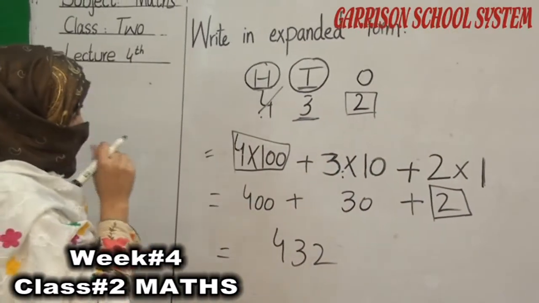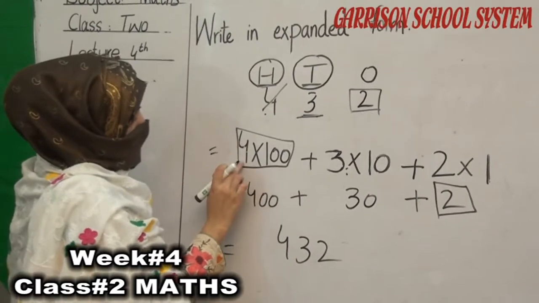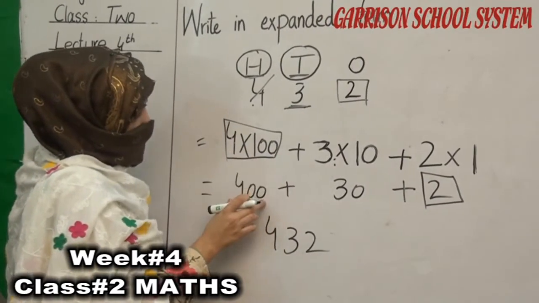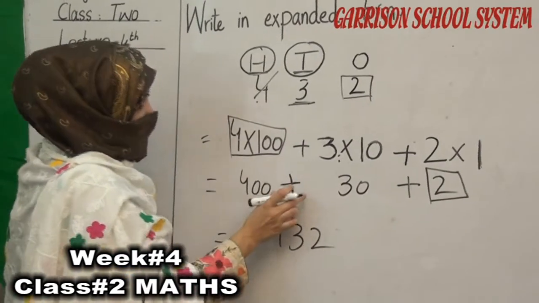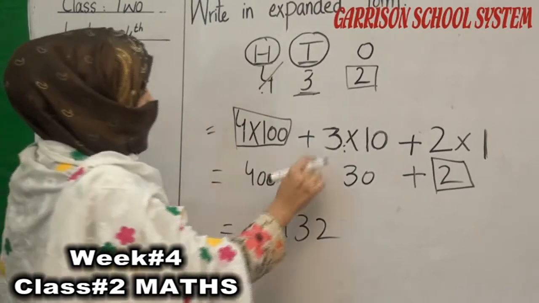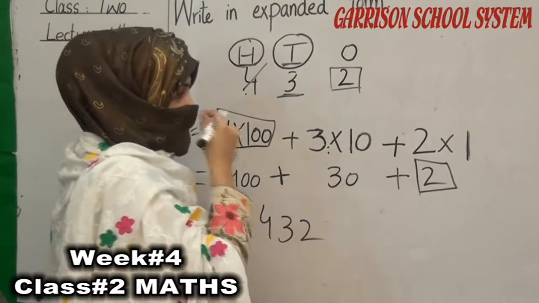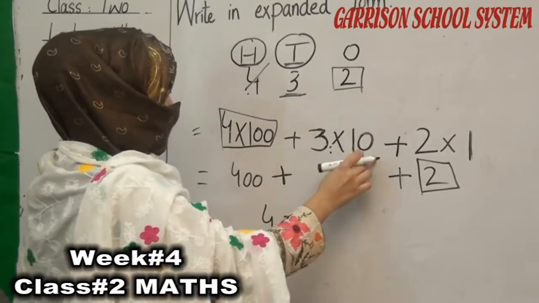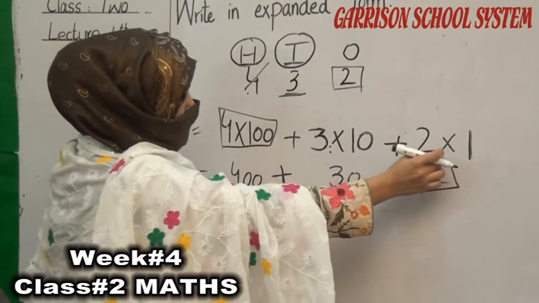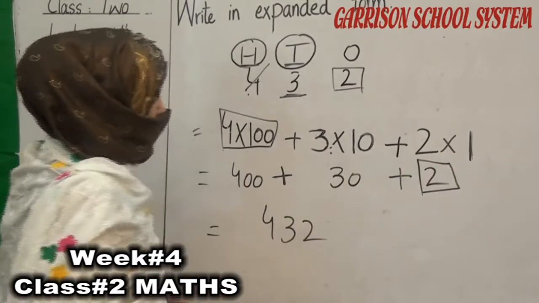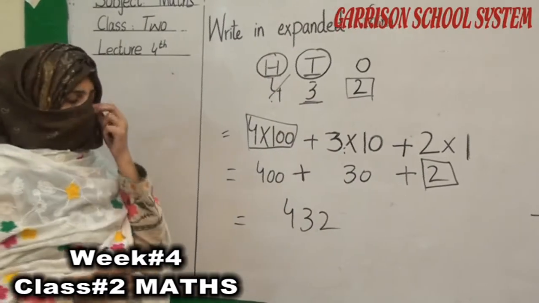Now 4 multiplied by 100 is 400. This is the sign of addition. We must put these signs between these numbers. 3 multiplied by 10 is 30, plus 2 multiplied by 1 is 2. So this is our expanded form.